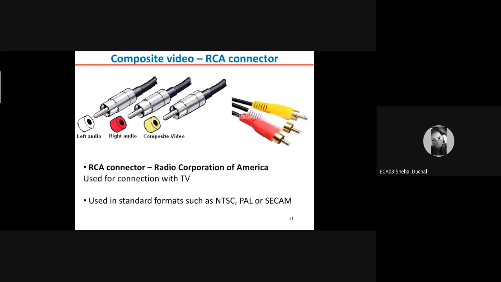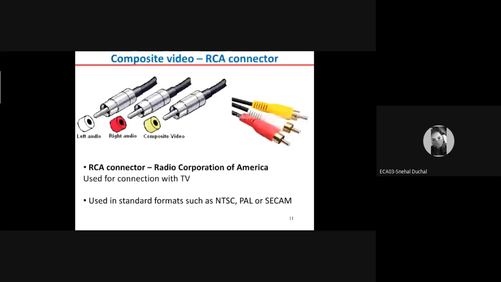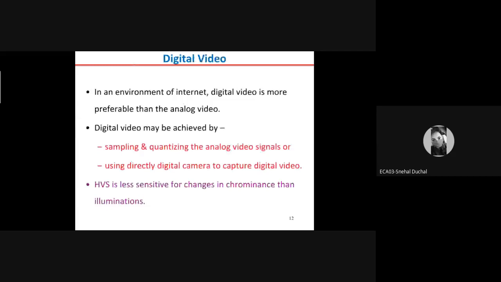In television we can also study the various types of encoder, decoder, multiplexer, demultiplexer, transmitter, and receiver, but that part is not studied here. We only have to understand which types of connectors we can use for video signals. The RCA connector is the most commonly used connector. It stands for Radio Corporation of America. This is related to analog video.